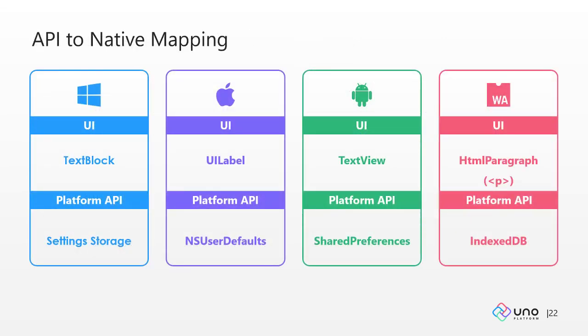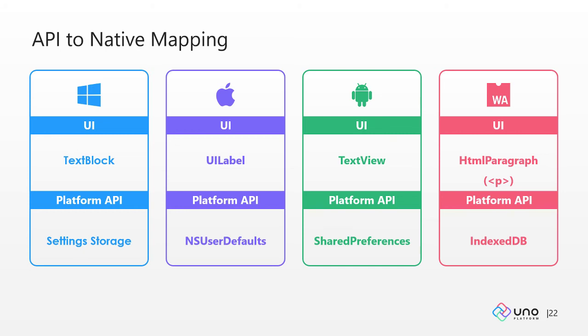So the whole magic works through mapping the native UWP APIs to some native APIs on other platforms. So if you have a text block, you will get a UILabel, TextView or paragraph on other platforms. And for application data settings, you will get NSUserDefaults, SharedPreferences, and IndexedDB.